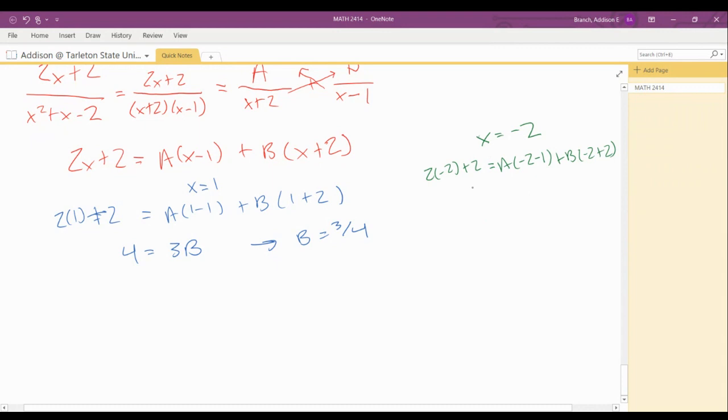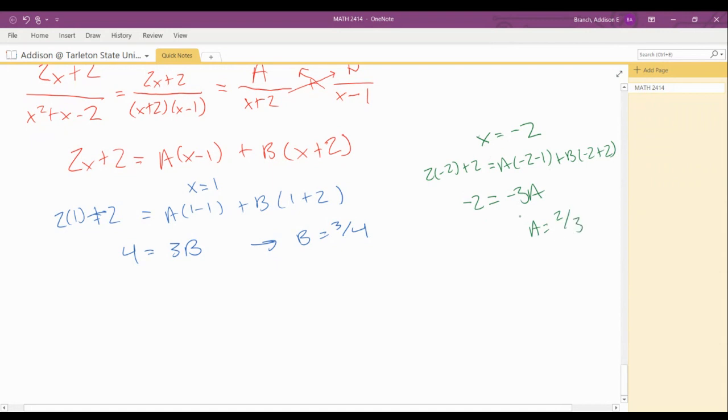We get -4 plus 2 is -2 equals -2 minus 1, -3a, and then -2 plus 2 will cancel out to 0. We can then solve and say that a is equal to 2/3.